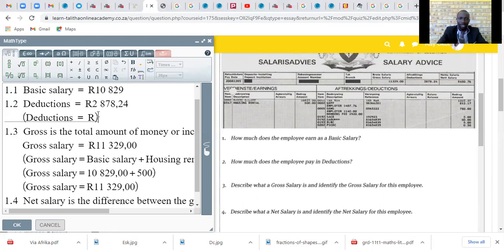I'm putting it in the bracket so that you can see the difference. What is in the bracket was not specifically asked for, but it's important to get to know how to get there. So the deduction could be the tax, which is in this case 1,225, 1,225 point what?